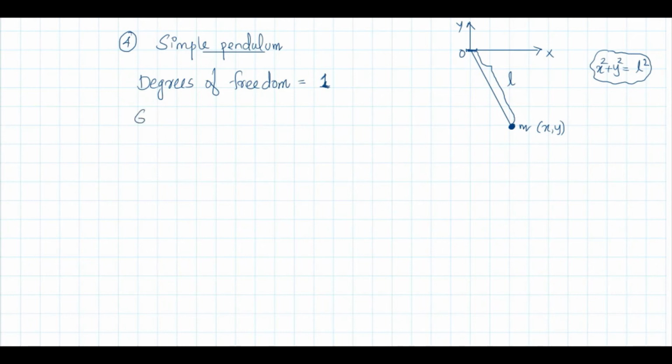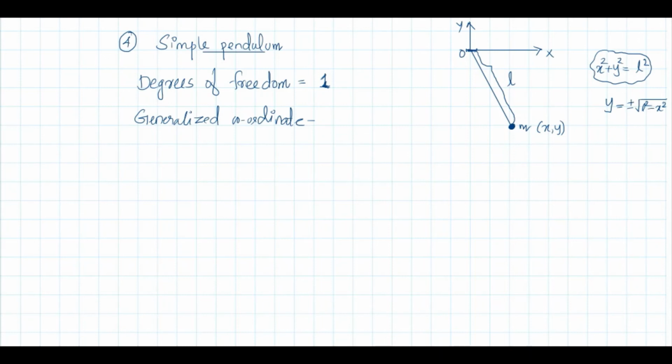What is a suitable generalized coordinate for this problem? If you choose x as generalized coordinate, you cannot find y uniquely because y is plus or minus root of L square minus x square. You will have two values for y. If you choose x as generalized coordinate, you cannot find y uniquely.